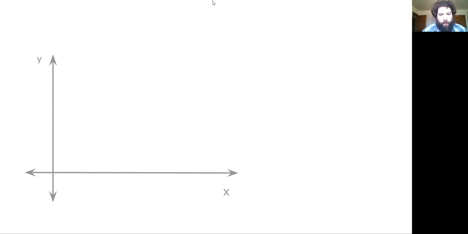And then we'll draw the first vector here. So that's going to be our first vector. And like before, we're going to call that A.